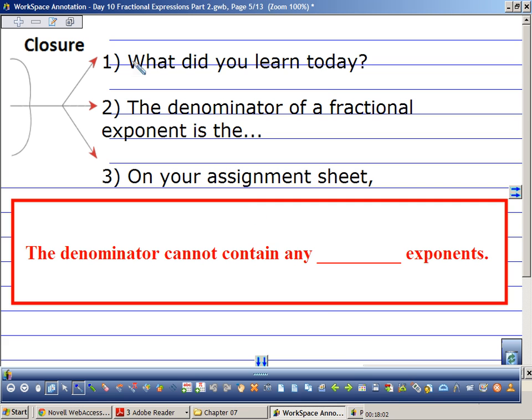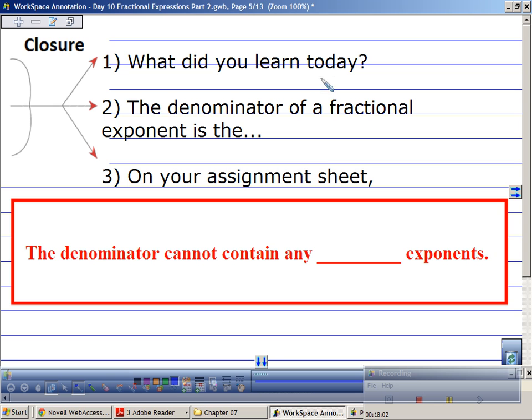Fantastic. All right, what did you learn today? We call these fractional exponents. Pause, guys. I'm putting the pause on you. Please pay attention. The denominator of a fractional exponent is the what? The index. Good. On your assignment sheet, the denominator cannot contain any what?